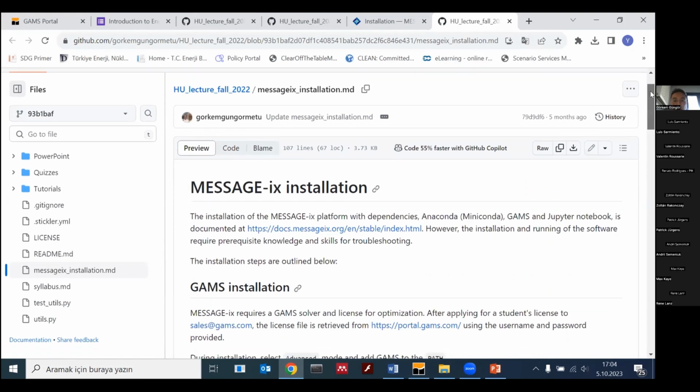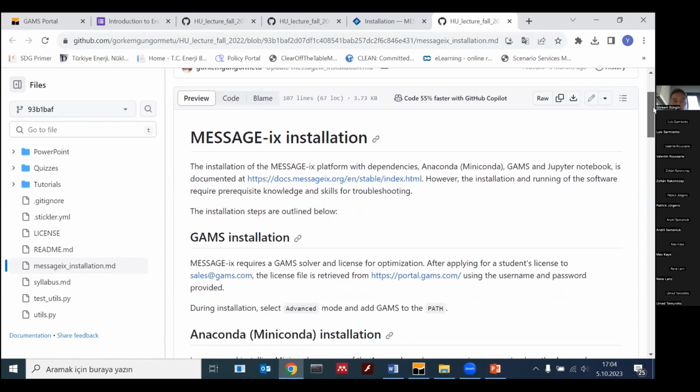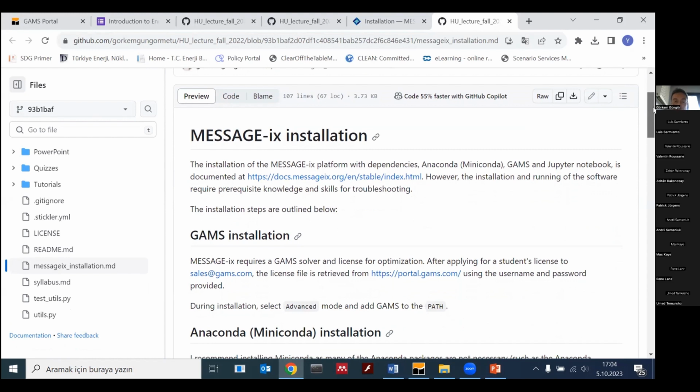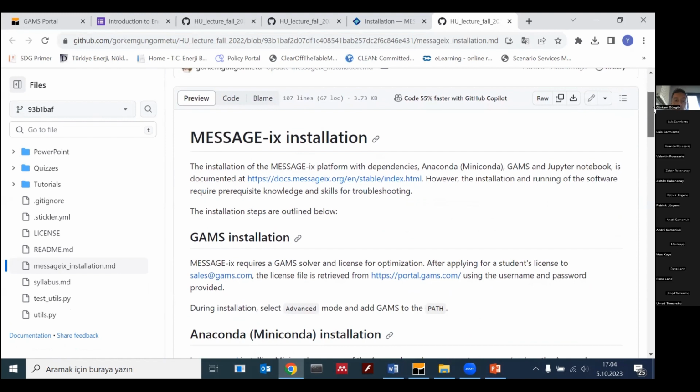If you click on the guide, you can see the steps for MessageIX installation. MessageIX, as you may well know, is developed as open source software and distributed by IIASA. Before that, there was the Message5 software, again developed by IIASA but distributed by the International Atomic Energy Agency.